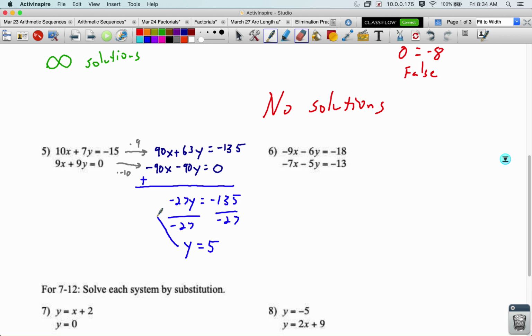I'm not done. I've got to come back and plug this into either equation for y. I'll just pick that bottom one. 9x plus 9y, but y gets replaced with a 5 now, equals 0. 9x plus 45 equals 0.